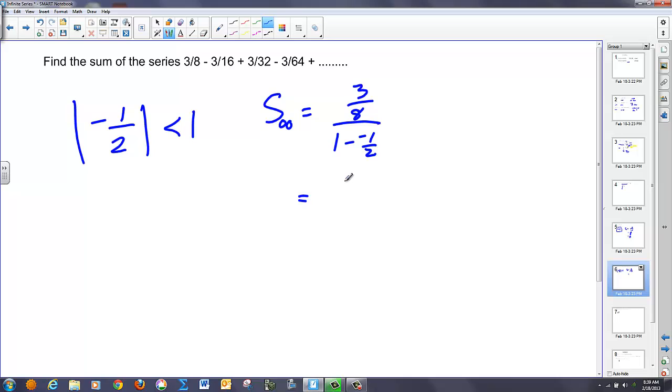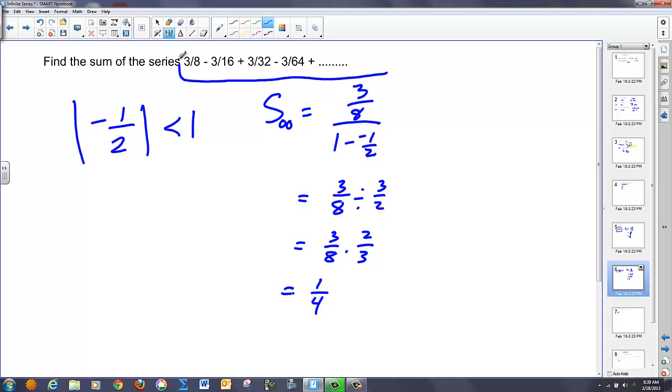So this ends up being 3/8 divided by 3/2, which we know is the same as 3/8 times 2/3, or in this case, a fourth.